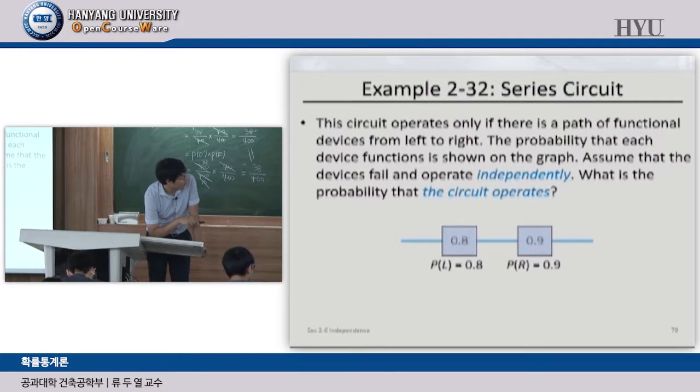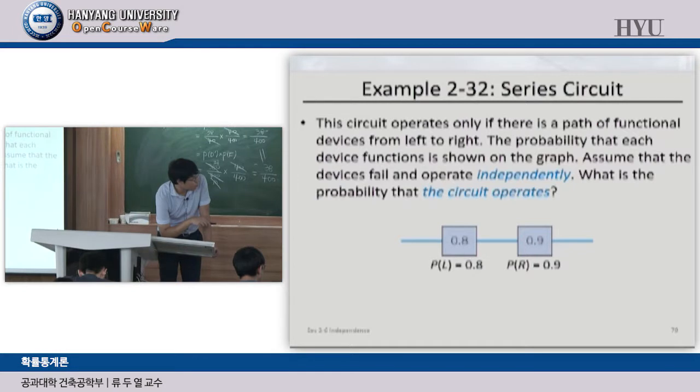The probability that the left device is working is 0.8, and the probability that the right device is working is 0.9. And in this case, assume that the devices fail and operate independently. In this case, what is the probability that the circuit operates?